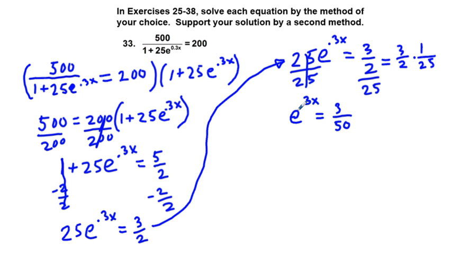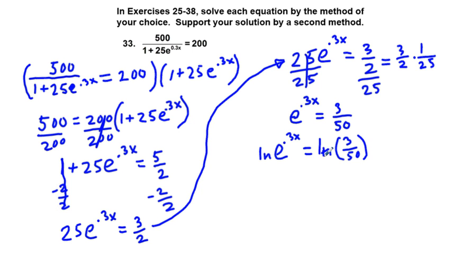The next thing we're going to do is take the natural logarithm of each side of this equation. So we have natural logarithm of e to the 0.3x equals the natural logarithm of 3 over 50.